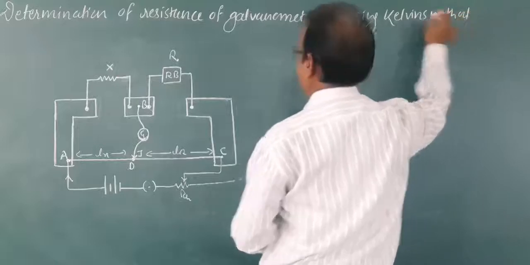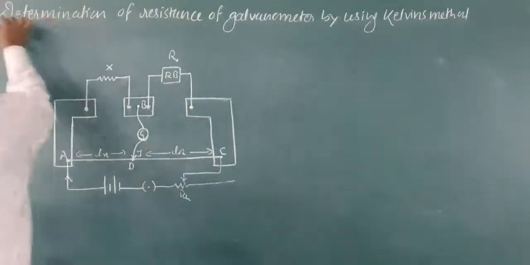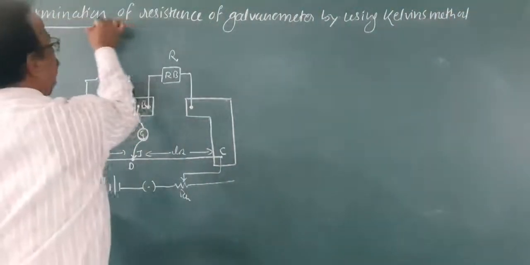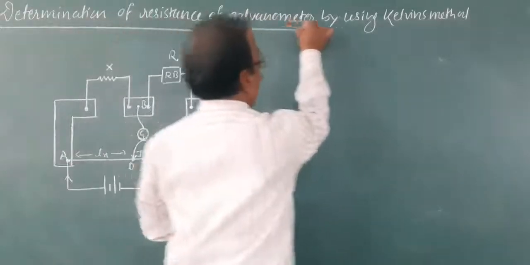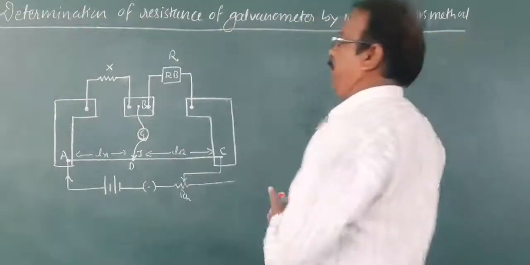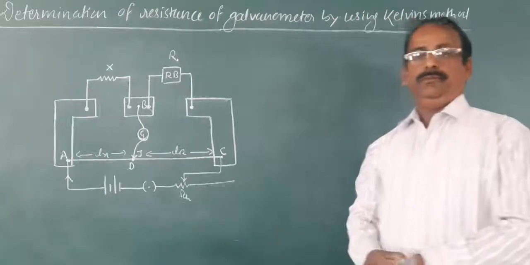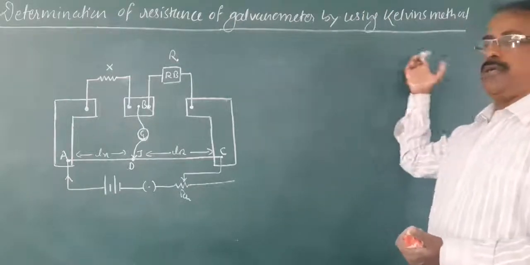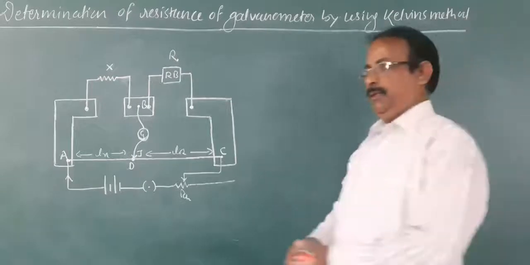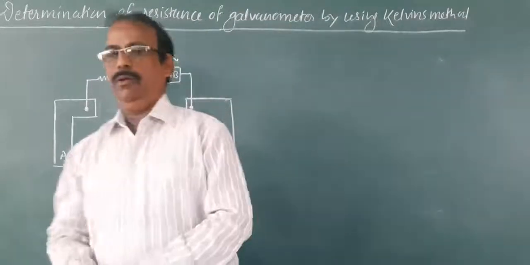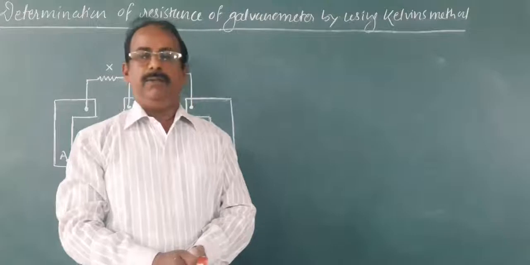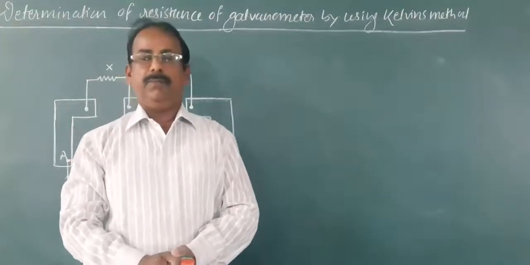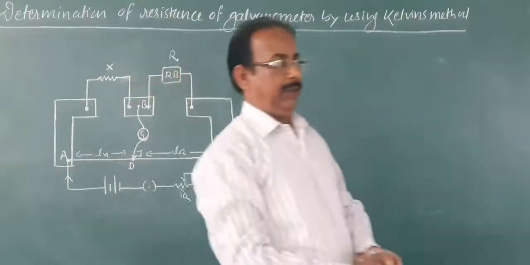In this Kelvin's method also, we are going to use this meter bridge. Heading is determination of resistance of galvanometer by Kelvin's method. How can we determine resistance of galvanometer using meter bridge?